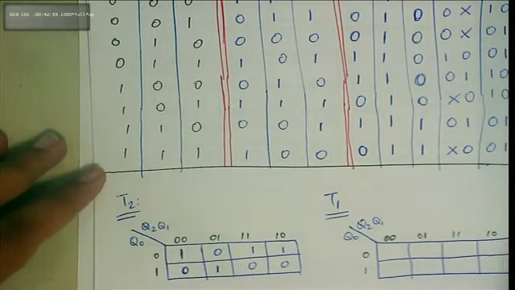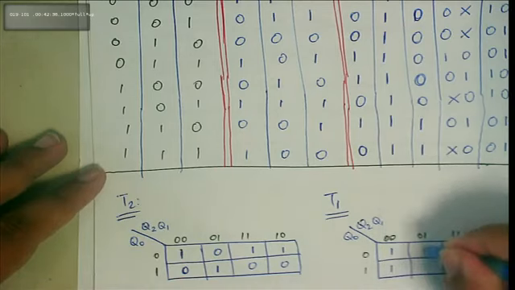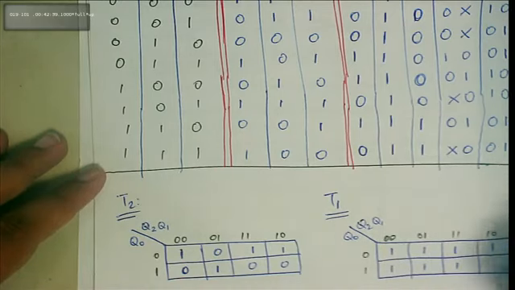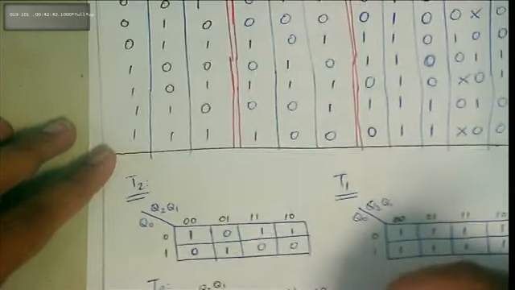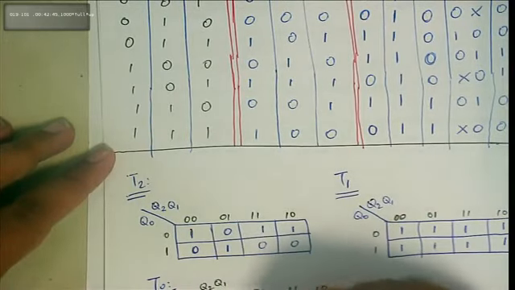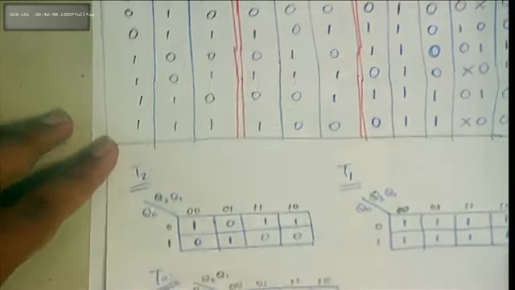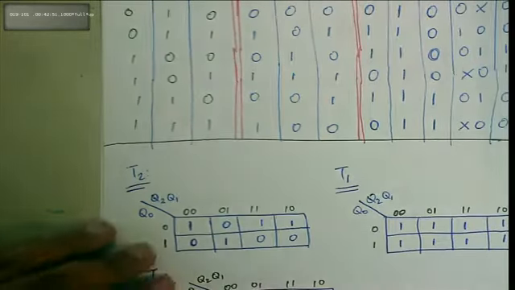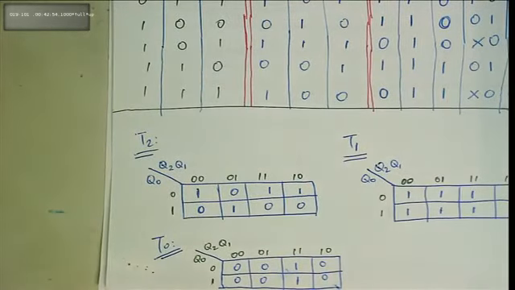Hey, did T1 have all ones? All right, that's good. Makes it easy. All right, what about T0? 0, 0, 0, 0, 0, 0, 1, 1. Let me know if I've made a mistake over here, all right? After this, we'll do one more step. Everyone happy with that, guys?